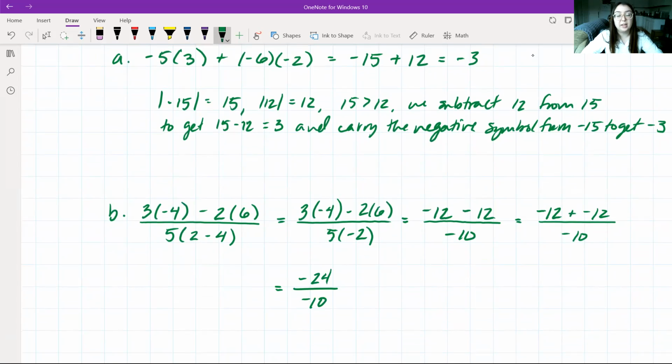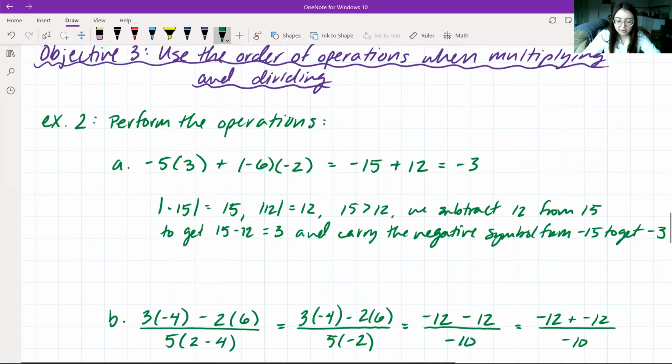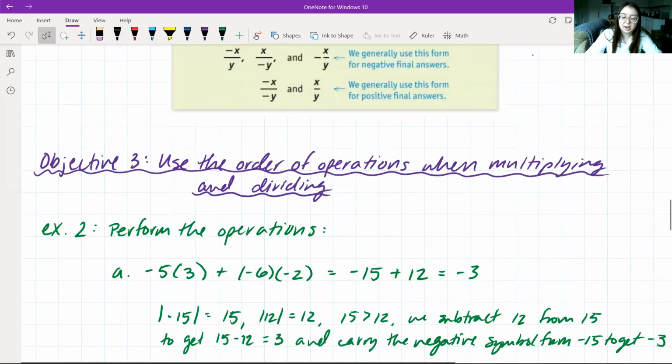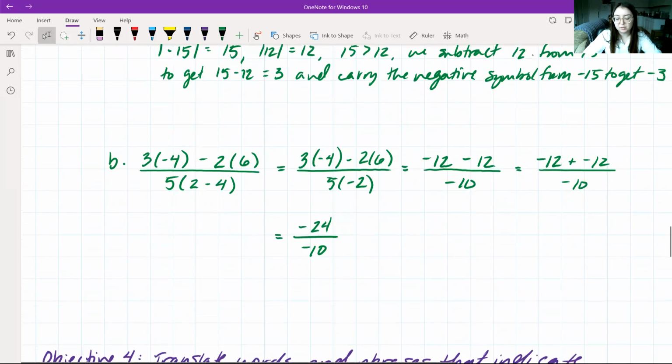And we're still dividing by -10. So since we said before with our equivalent forms here, if our numerator and our denominator are both negative, then our answer here is going to become positive. So since we have a -24 divided by -10, it's the same thing as saying 24 divided by 10.